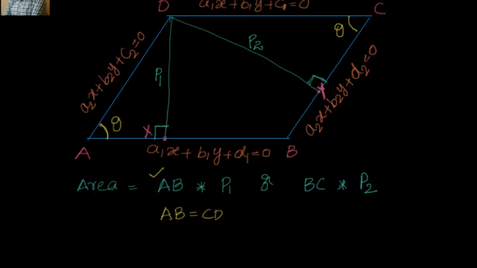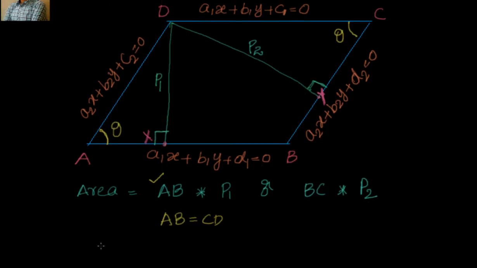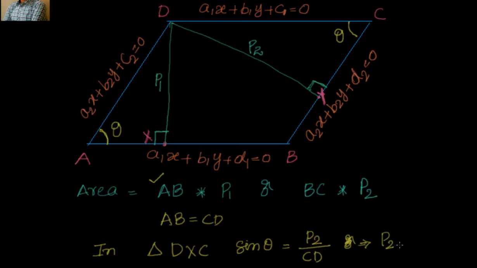And if we consider the triangle DXC, we see that sin theta is equal to P2 divided by CD, or can I say P2 by sin theta equal to CD.